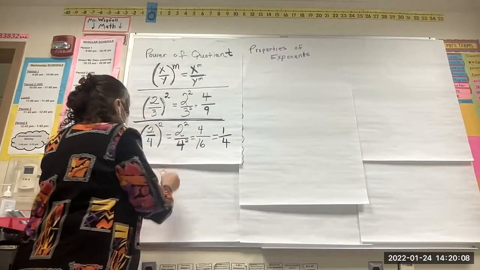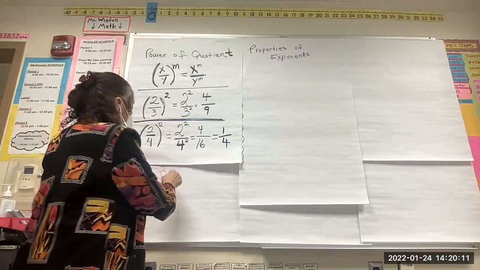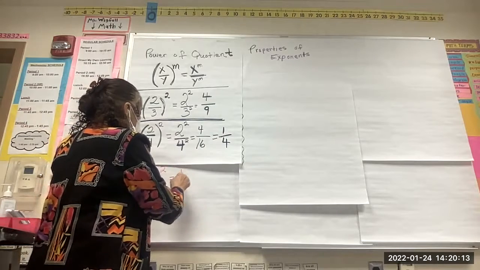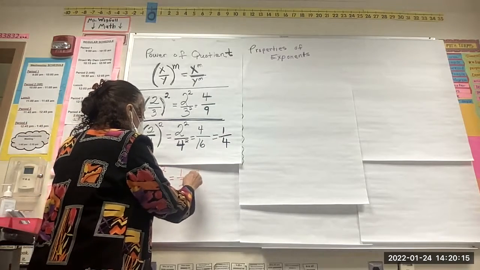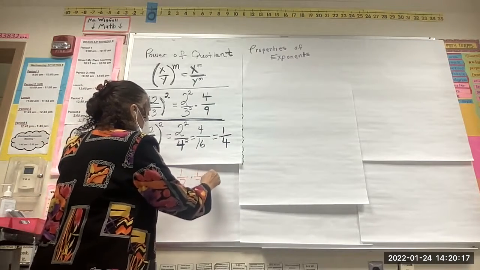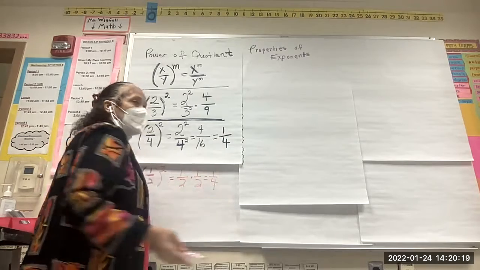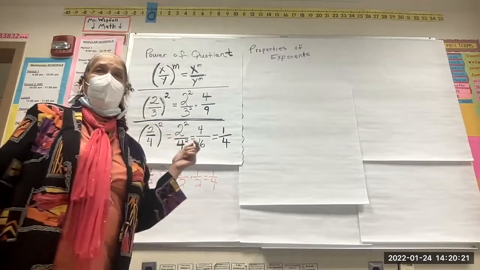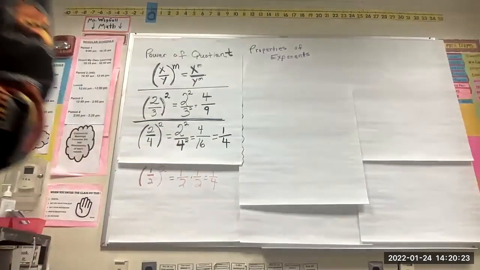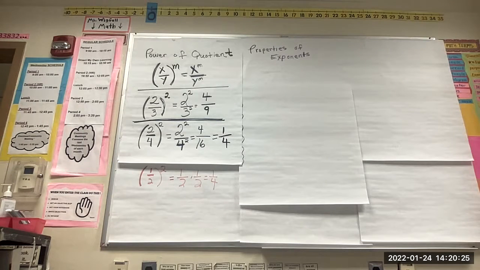And then I can do 1/2 squared. You could say that means 1/2 times 1/2, which is equal to 1/4. Or you might have other ways you can do it. But the main thing here is to know that the power outside the parenthesis has the power over both the numerator and the denominator. Do you understand?